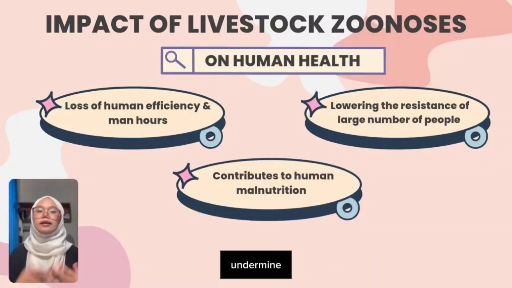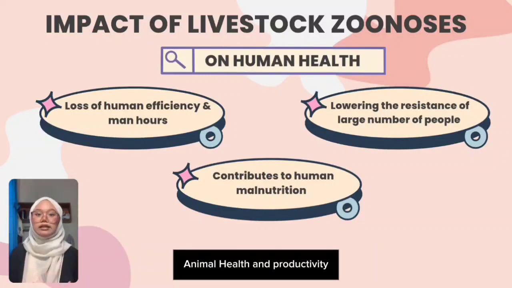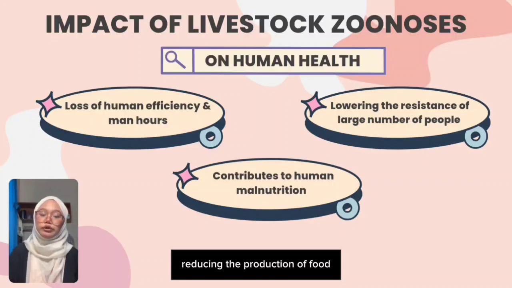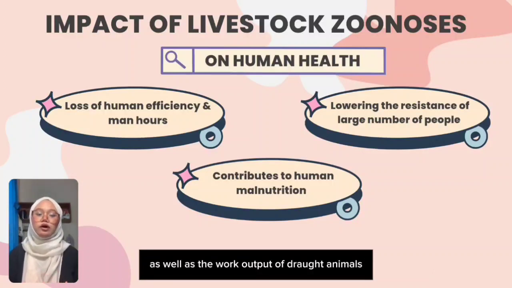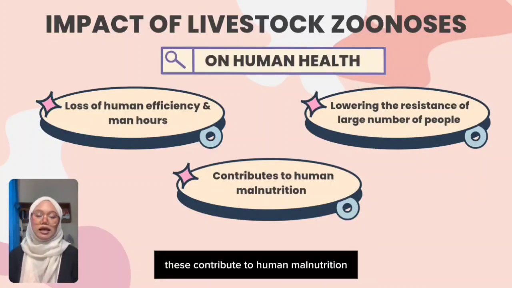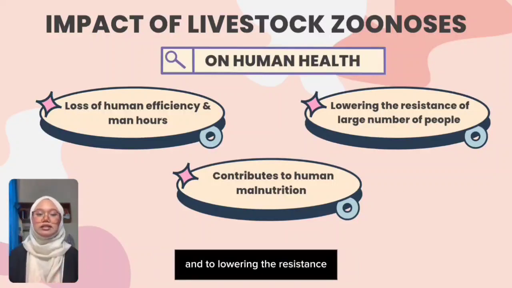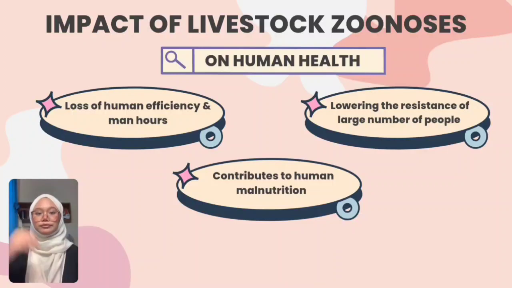Zoonoses also undermine animal health and productivity, reducing the production of food, as well as the work output of animals. This can contribute to human malnutrition and to lowering the resistance of large numbers of people.